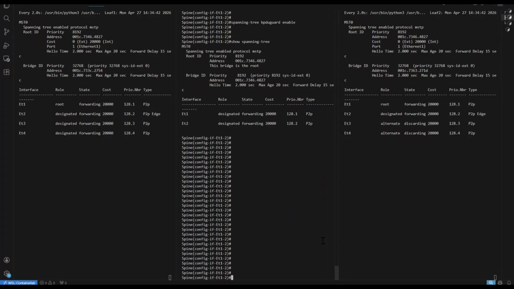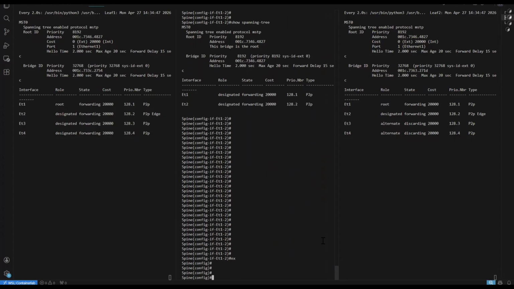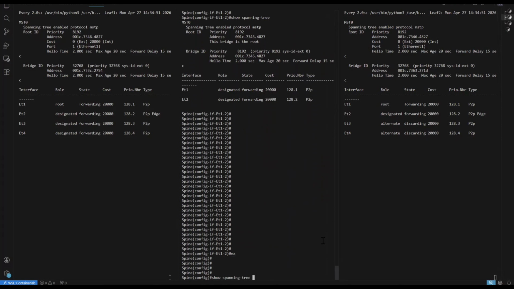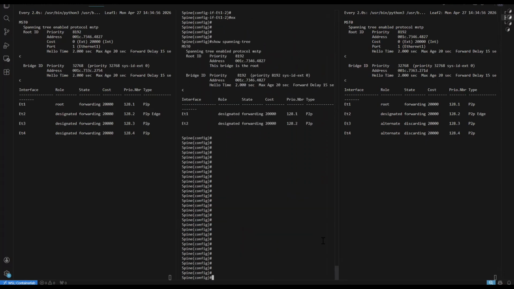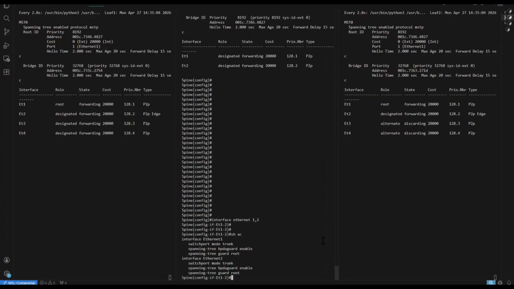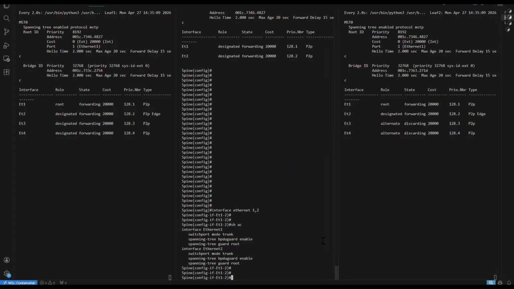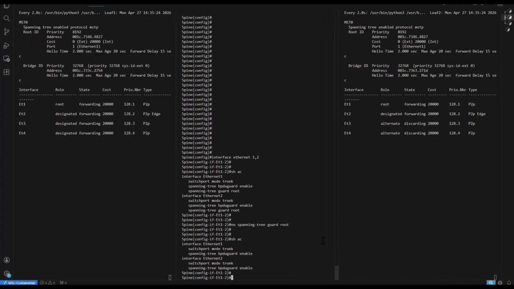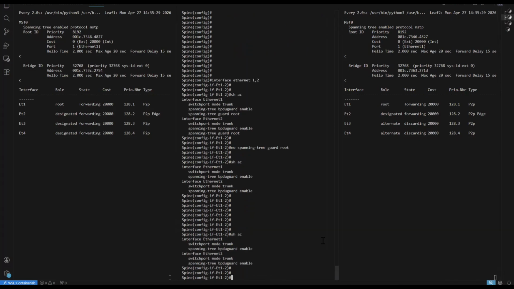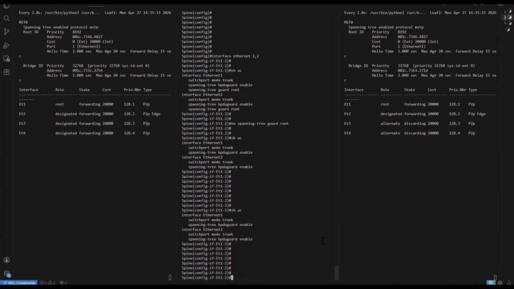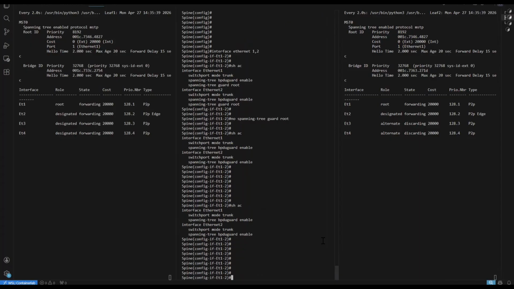Now spanning tree BPDU guard. Okay, interface Ethernet 1/2 show active. Sorry, I forgot to remove the root guard. No spanning tree. So I enabled spanning tree BPDU guard on the spine.